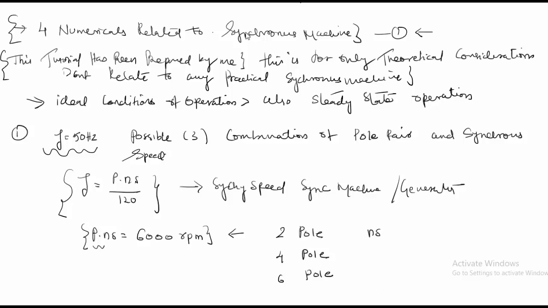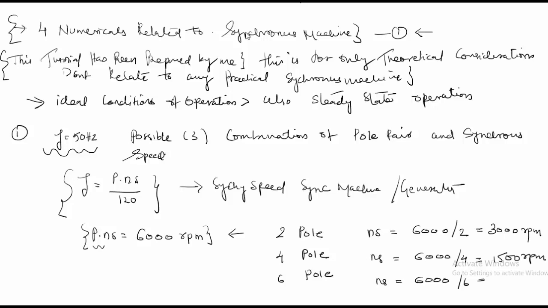So we will get Ns is equal to 6000 divided by 2, Ns is equal to 6000 divided by 4, and Ns is equal to 6000 divided by 6, which gives speeds of 3000 RPM, 1500 RPM and 1000 RPM respectively.